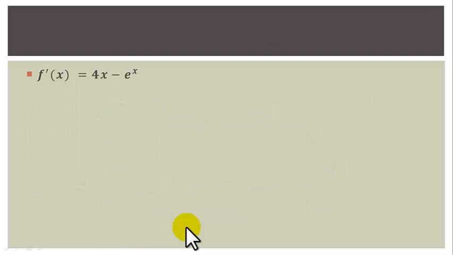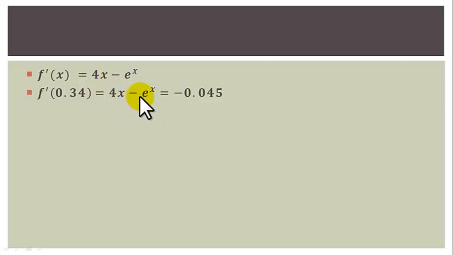Testing this point for optimality, we have to find the first derivative of our function with respect to x, which is equal to 4x minus exponent x. Now putting in our x star here, f prime of x star is f prime of 0.34. This will be equal to 4 times 0.34 minus exponent 0.34.